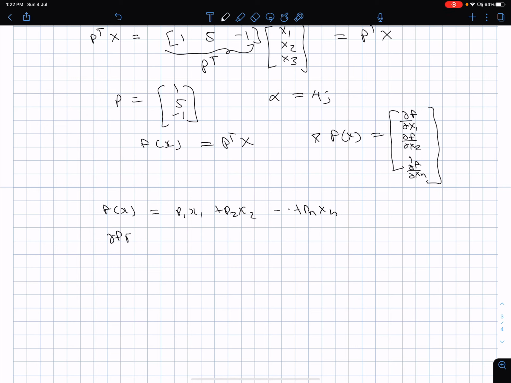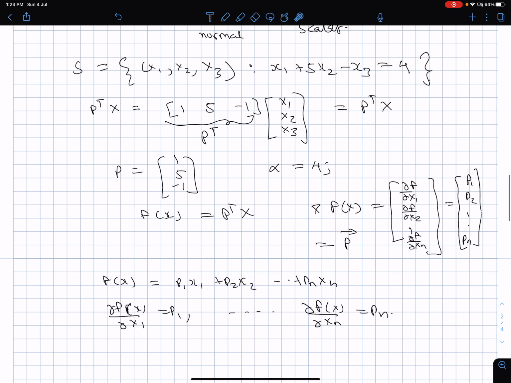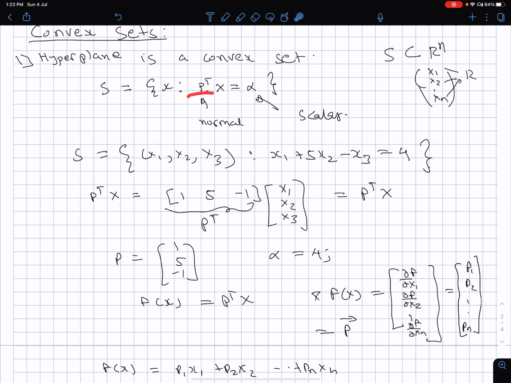So the derivative of f with respect to x1 is P1, and so on, and the derivative with respect to xn is Pn. Therefore the gradient vector is P1, P2 up to Pn, which is equal to the vector P we wrote here. Hence P can be called a gradient vector also.